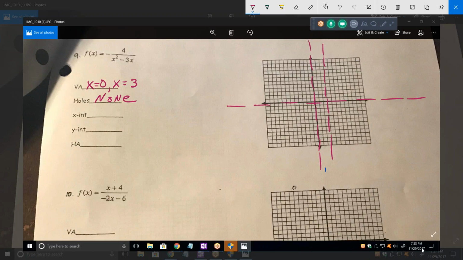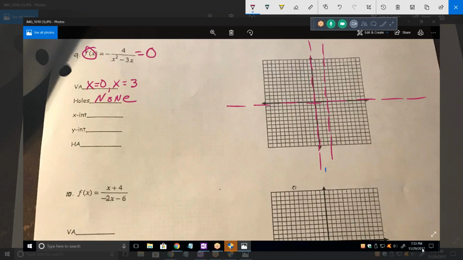Would it be like 4 or -4, or are there none because there's no x on the top? To get the X-intercept, I'm going to set f of x equal to 0, right? That's y. Okay. So does that have a solution? What has to be equal to 0 if you have a quotient equal to 0?